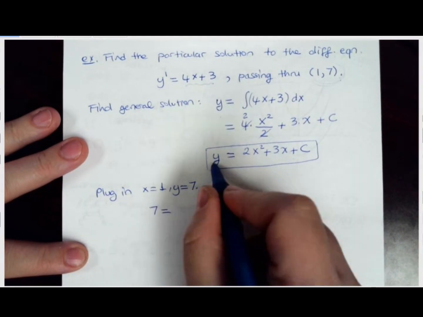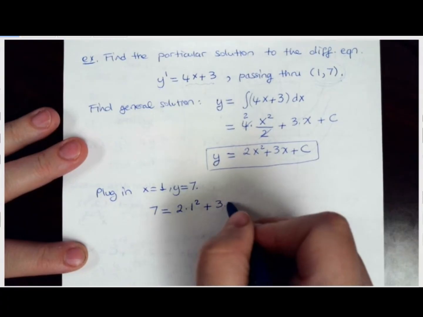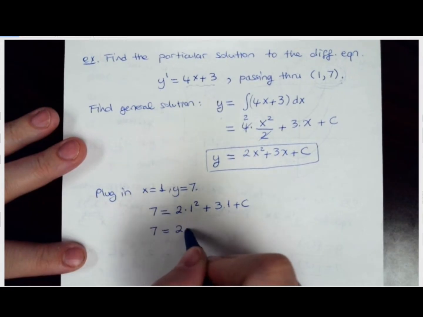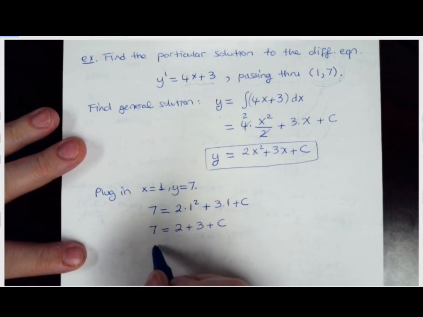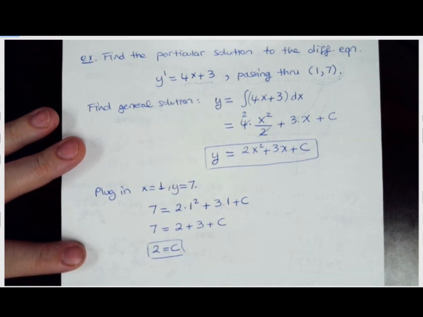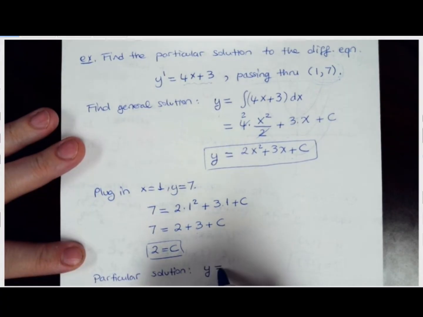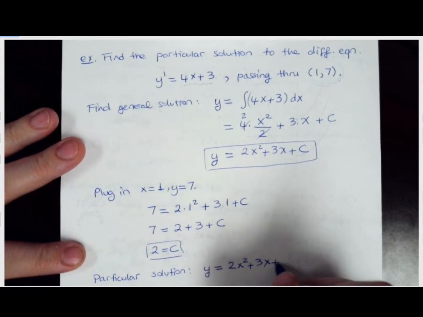So 7 equals 2 times 1 squared plus 3 times 1 plus c. So 7 equals 2 plus 3 plus c, which is 5 plus c. Subtract 5 from both sides. So we find that c has to be 2 for the particular solution. Let's write that down: y equals 2x squared plus 3x plus c, where we find c to be 2.